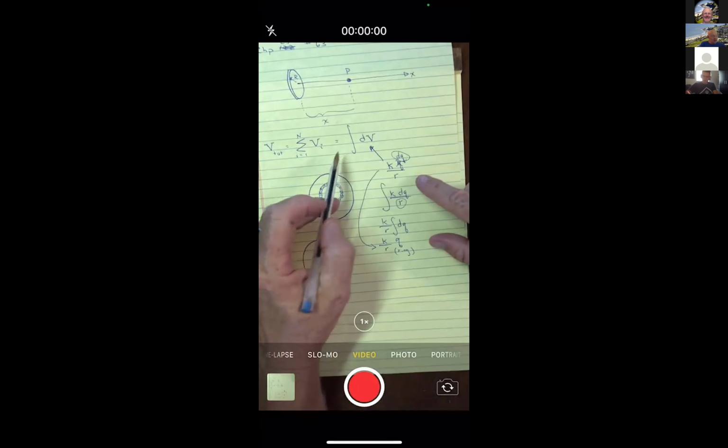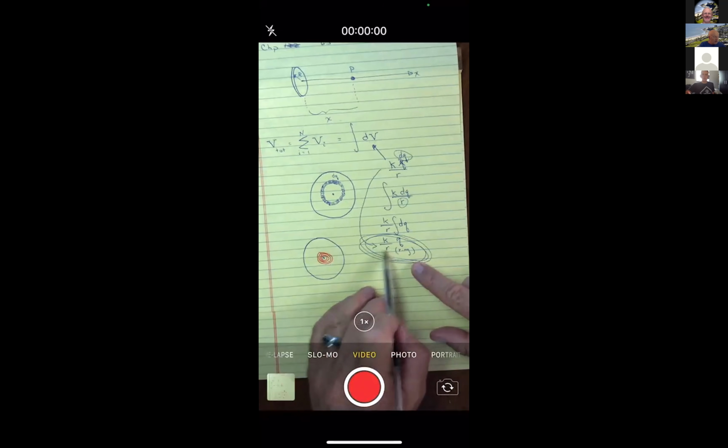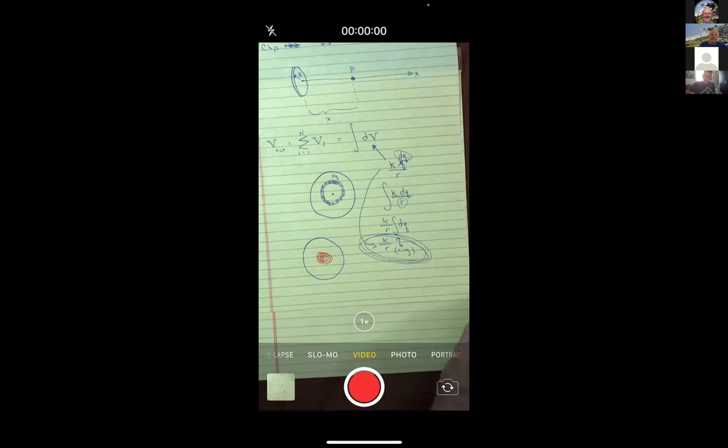And I have just figured out what the equation is for the potential from a ring. To be quite honest, I bet your author wanted you to go back to the textbook.